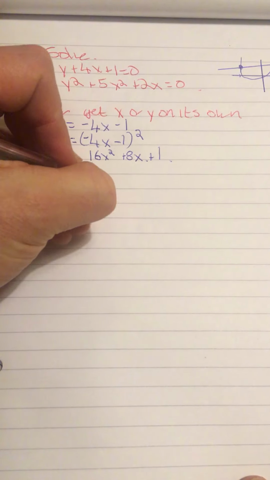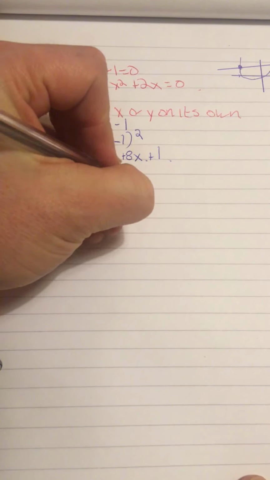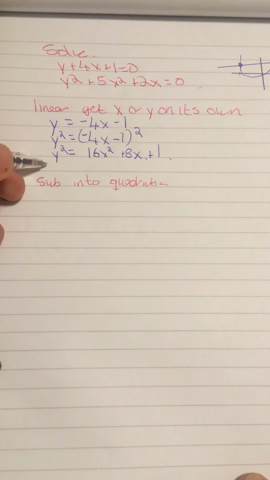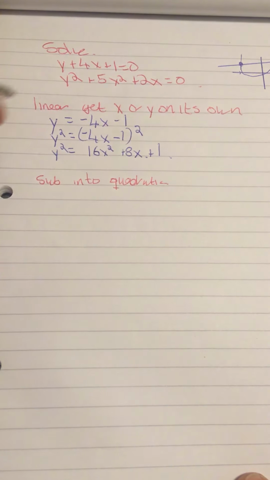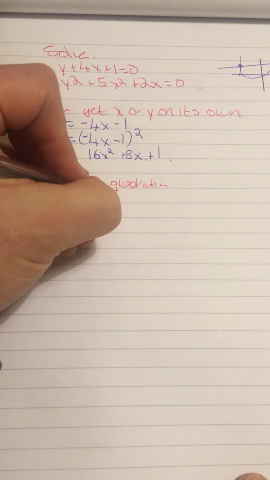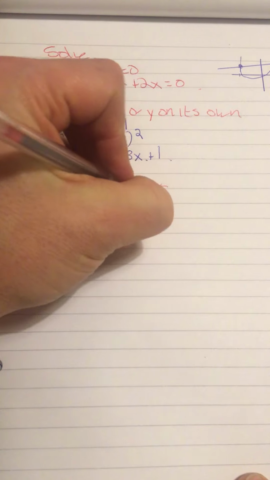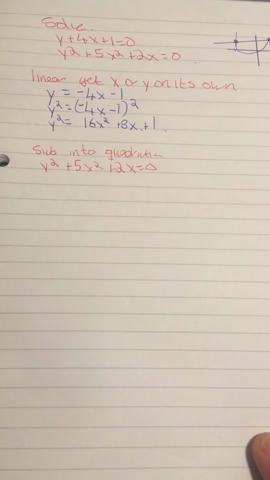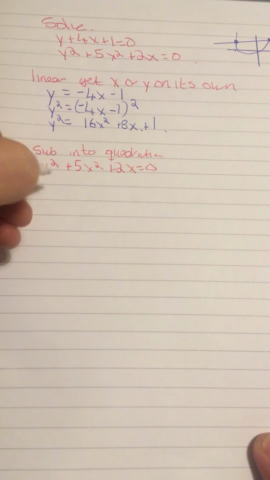Now I'll sub into the quadratic. What I'm saying is, every time I see y squared, I'll put this in. So my quadratic is y squared plus 5x squared plus 2x equals 0. Right, so I'll put in my x squared.